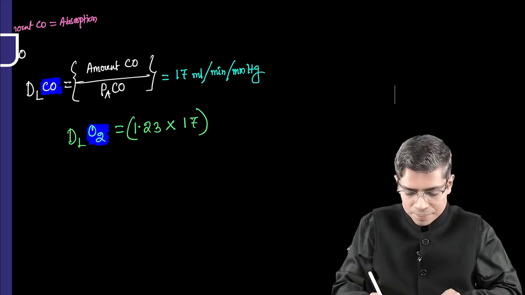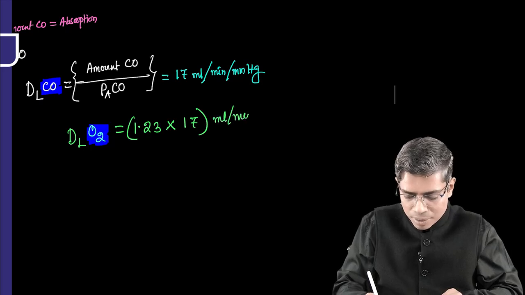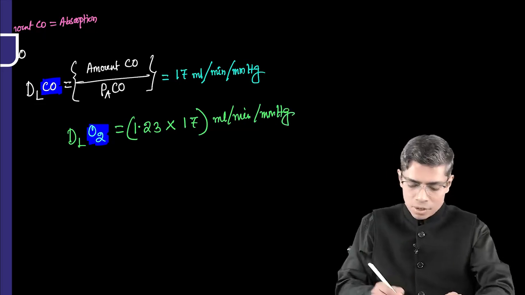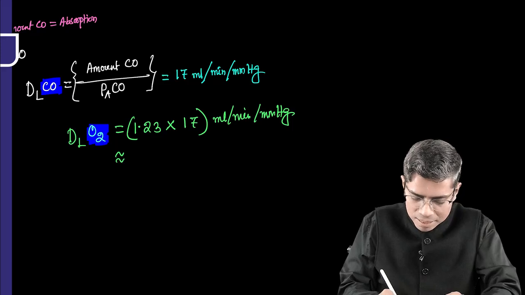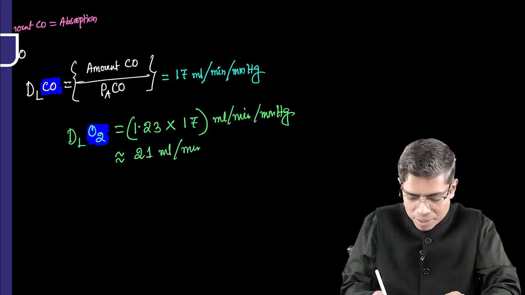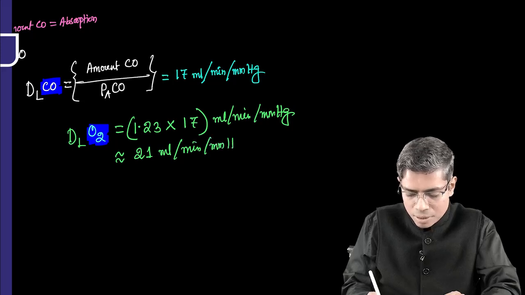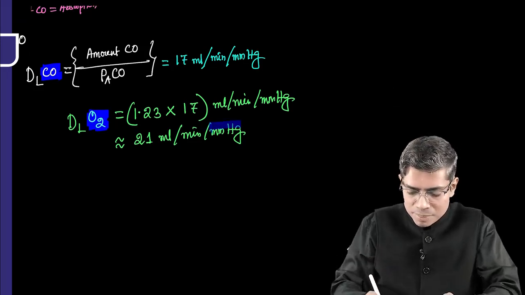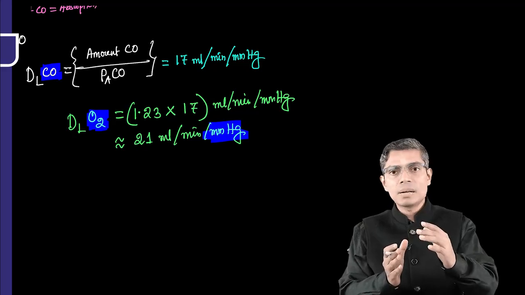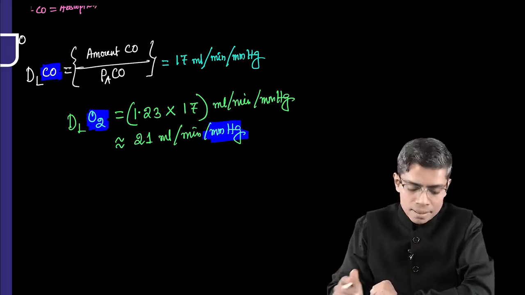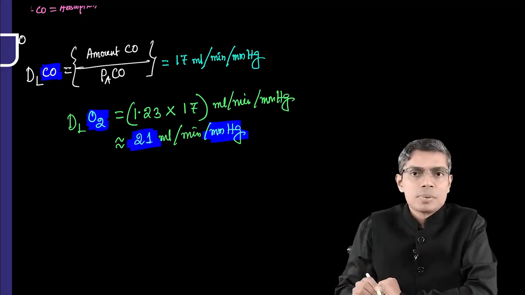So if I multiply, this will be in ml per minute per millimeter of mercury. Getting my point? This way you can calculate that the diffusion capacity of oxygen at the level of the lung is approximately 21 ml per minute per millimeter of mercury. If I maintain a 1 millimeter of mercury pressure difference between alveoli and capillary, then this much oxygen will be transported.